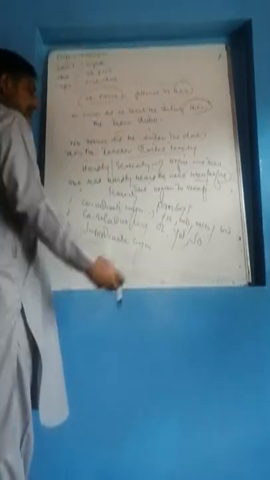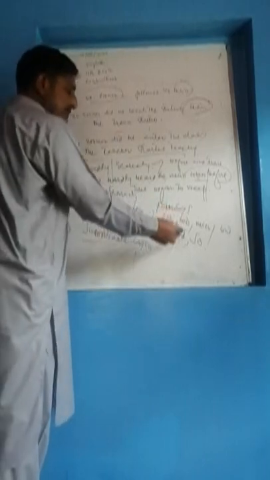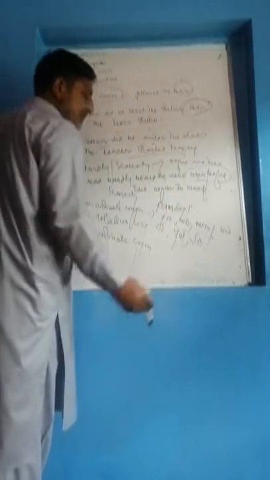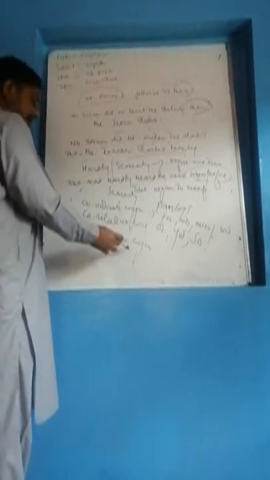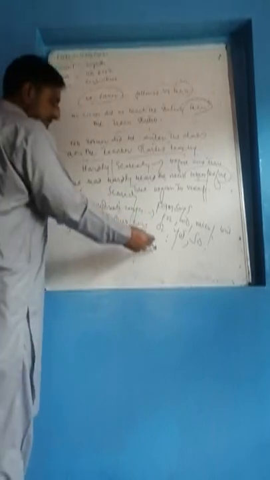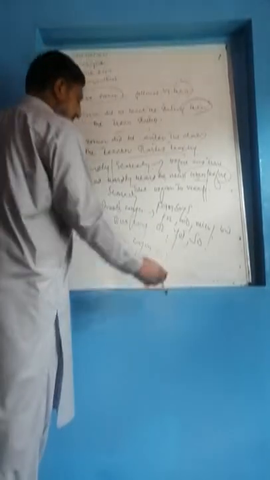So these are coordinate conjunctions जो हमें compound sentence में लगते हैं. और इसी तरह correlative conjunctions, they are in pairs, and subordinate conjunctions join the subordinate clause and principal clause. Thanks.